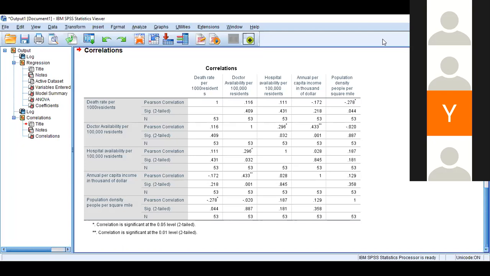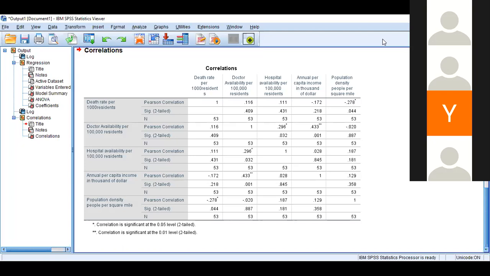From 0.5 to around 0.75 or 0.8, moderate. From 0.8 to 0.9, you say strong. From 0.9, very strong. 1 is perfect correlation. We have already discussed it. That's how to interpret it. We don't use the p-value to interpret it.